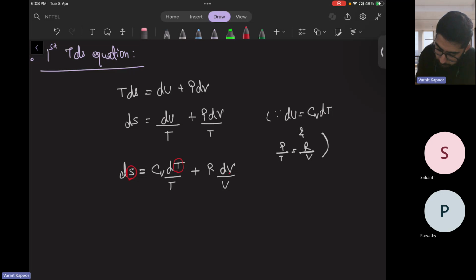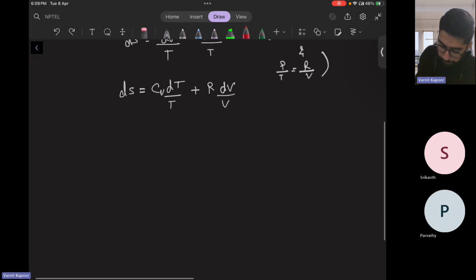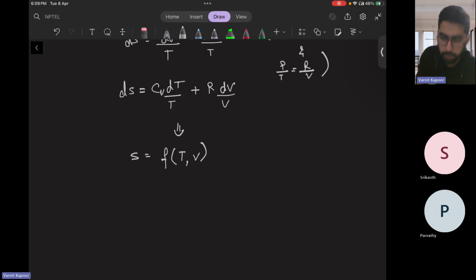So entropy is a function of temperature and volume for a real gas. For an ideal gas, it is only a function of temperature. But when a real gas is there, it is a function of temperature and volume.